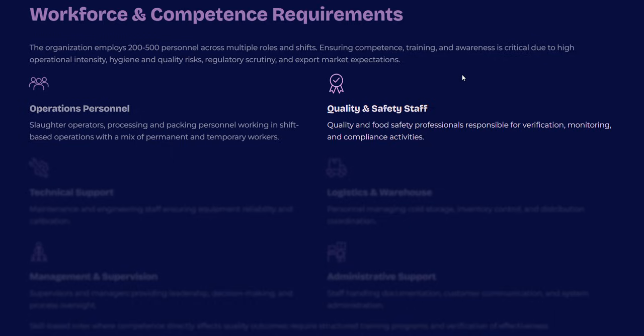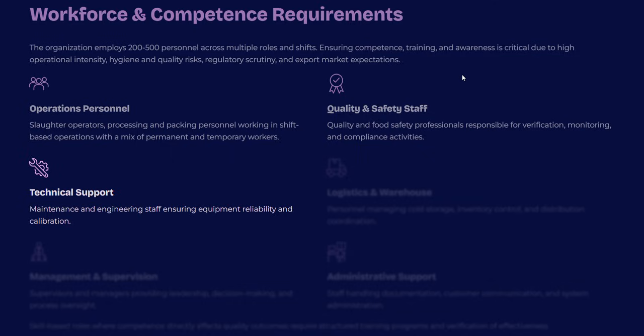We have quality and safety staff, professionals responsible for verification, monitoring, and compliance activities. Here we are mainly focusing on the competence requirement and we'll explain more later. Those are the segments where we need to ensure the competence requirement for each.